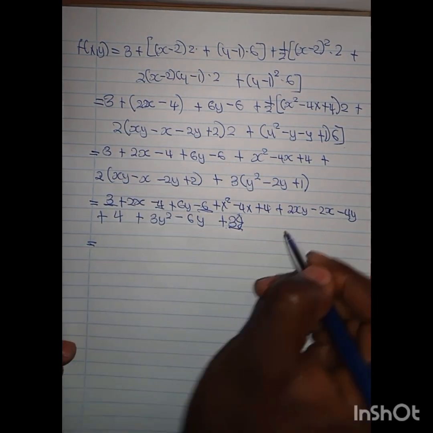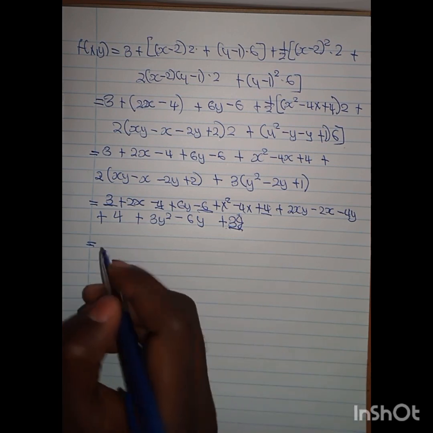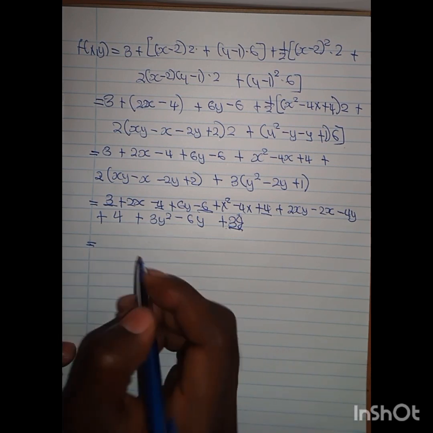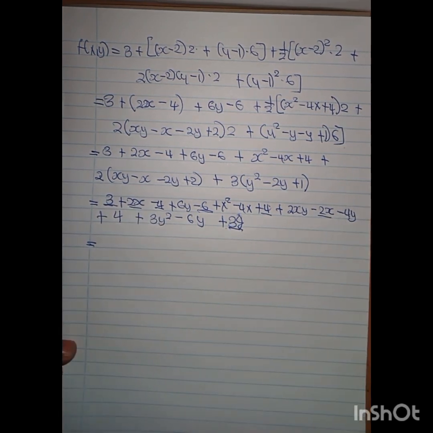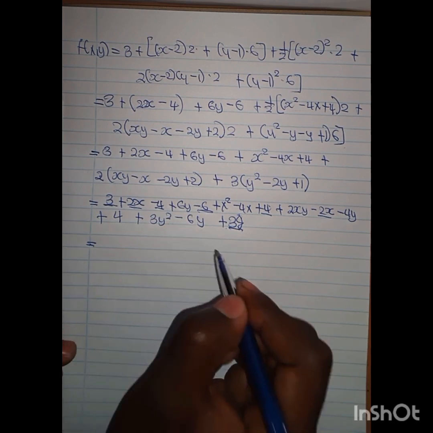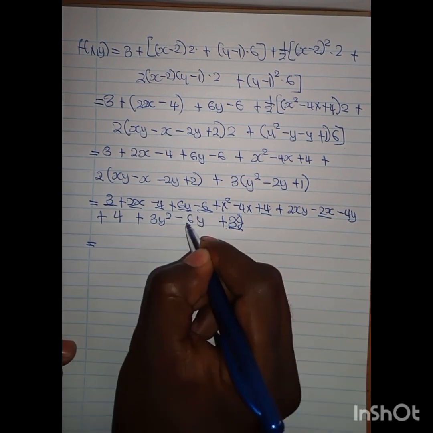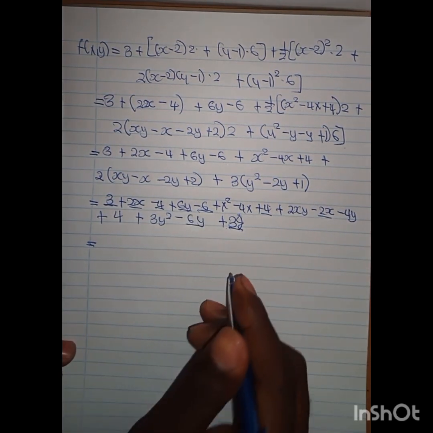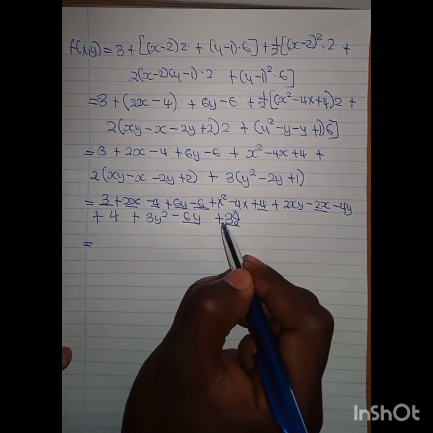We have minus 4 plus 4, so they give us a 0, we forget about them. What else do we have? We have 2x minus 2x, they give us a 0, we forget about them. And then what else do we have? We have 6y minus 6y, they also give us a 0 and we forget about them. What else? Let us check.